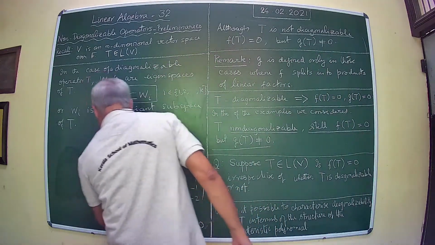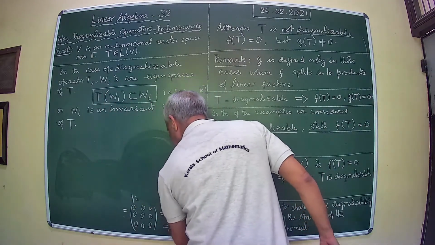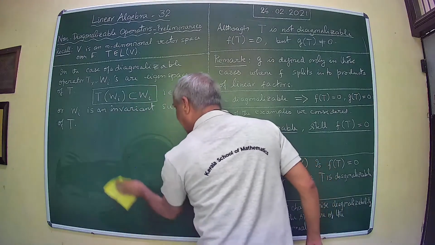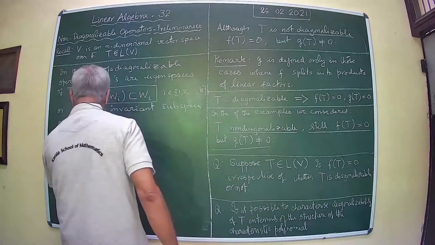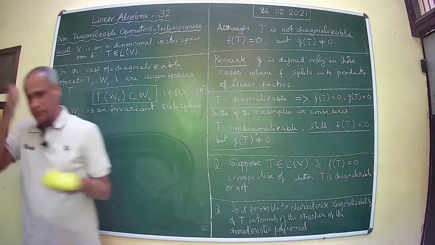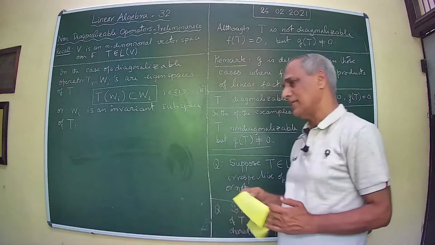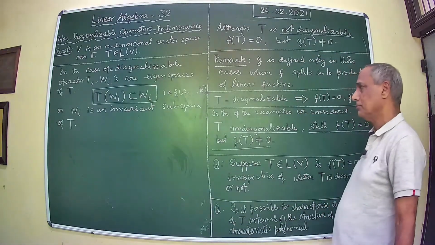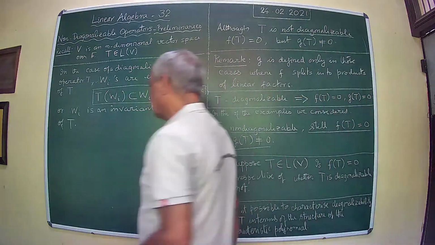Therefore, we read between the lines and infer that the diagonalization, after all, what were we doing? We were searching for the eigenvectors and then using them as an ordered basis for V. That means we were constructing essentially these W_i's.